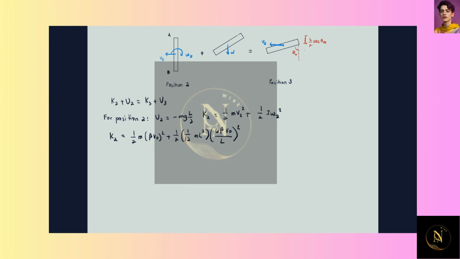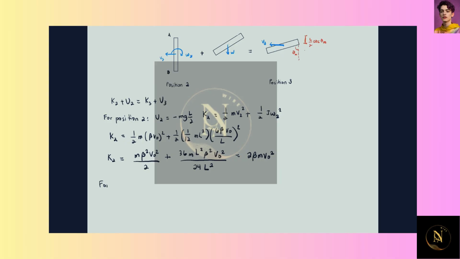So simplifying that, K2 equals m beta squared V0 squared over 2 plus 36 mL squared beta squared V0 squared over 24 L squared. Simplifying this, you will see that this is equal to 2 beta mV0 squared. So that's it for position 2.